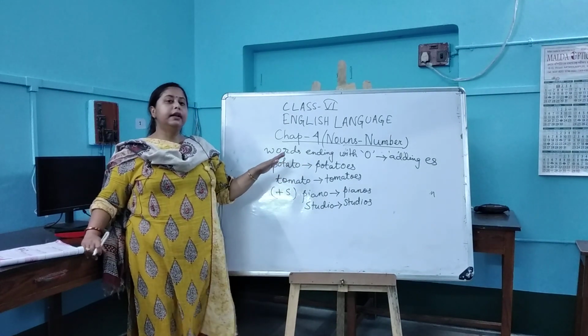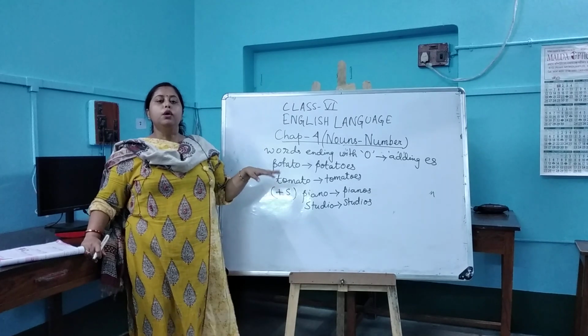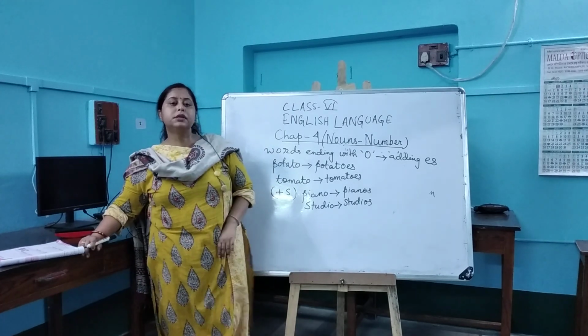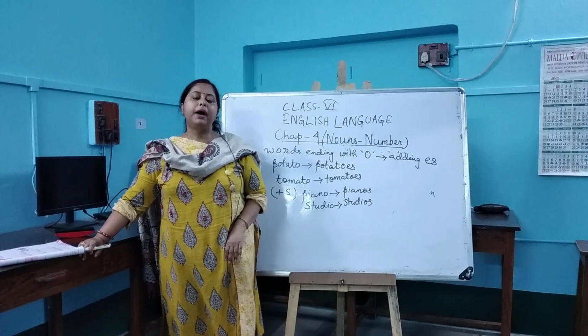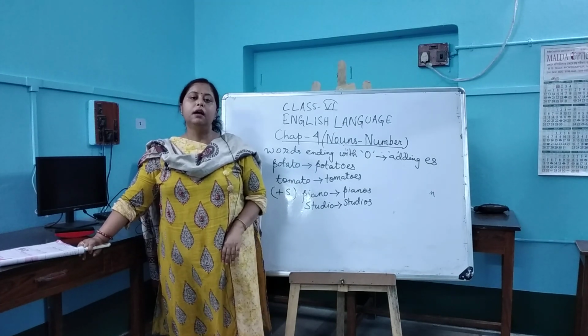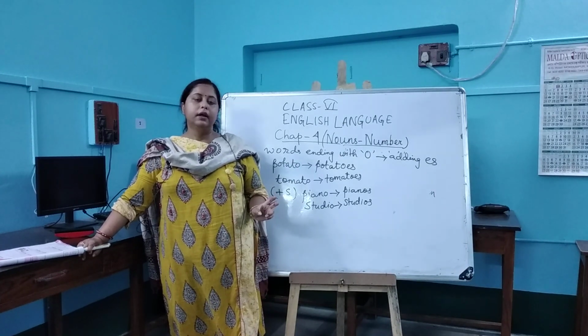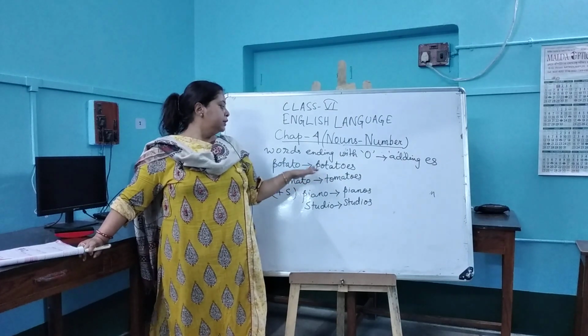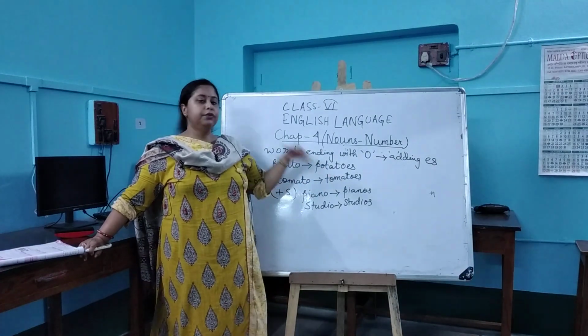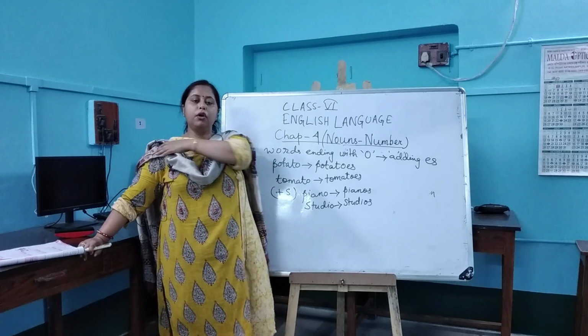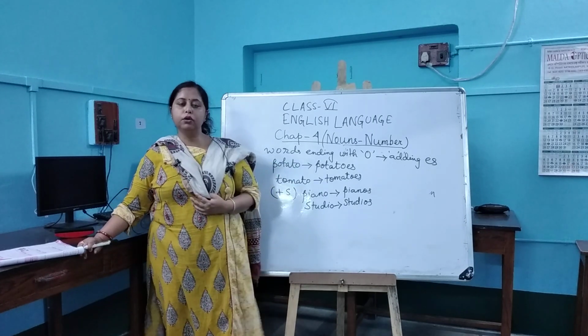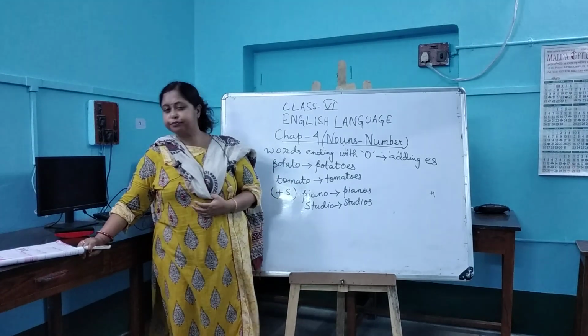So this is the third rule of changing nouns from singular to plural form. When the letters end with O, we generally change it from singular to plural form by adding ES, with words like potato, tomato, which end with TO. When we change them into plural form, we add ES: potatoes, tomatoes, in this way.